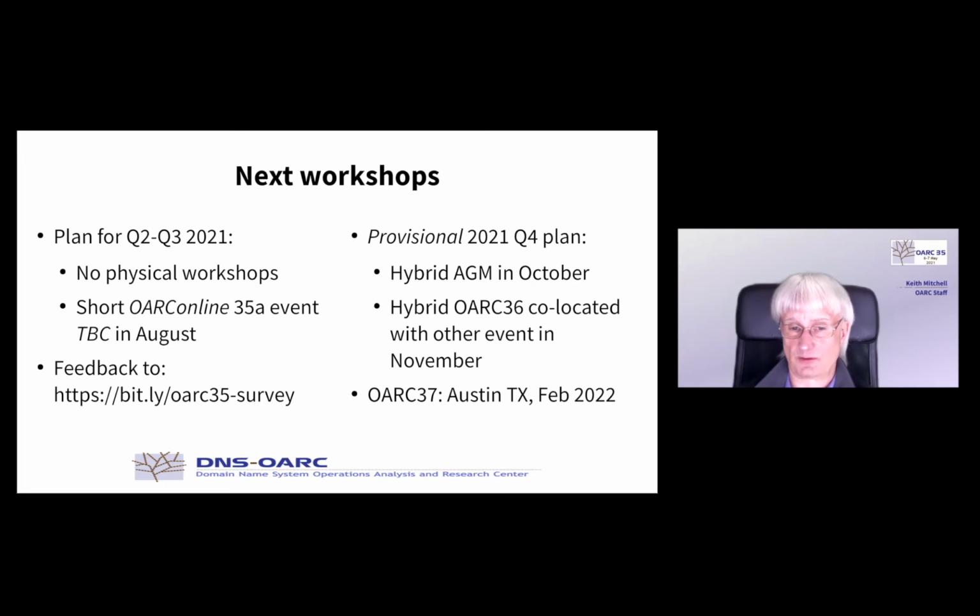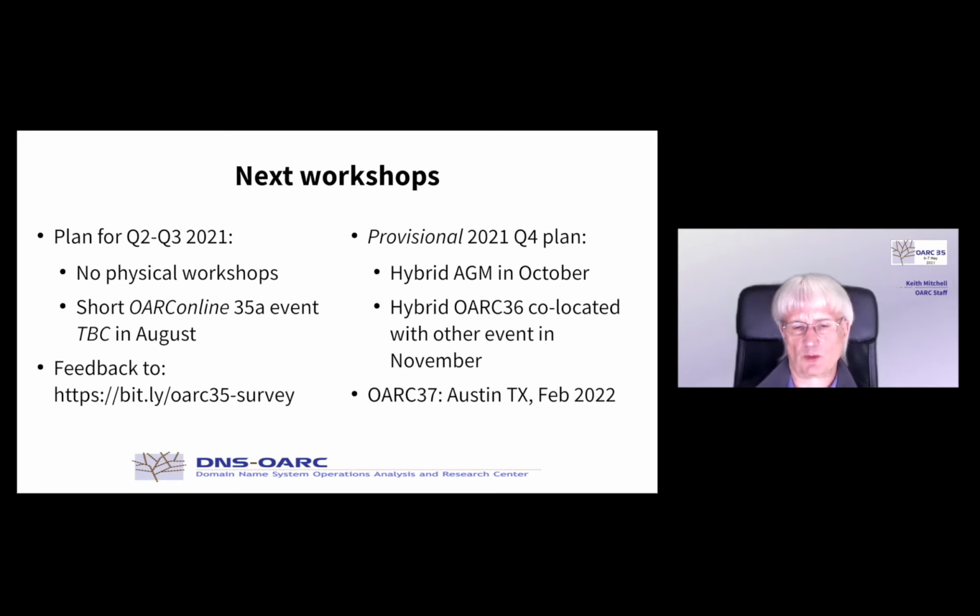The plan for Q4 is that the AGM we will be doing on a hybrid basis. Ideally, we do that in October and not make it too late in the year. And then all the good opportunities for doing the OARC 36 come up in November for various reasons. A lot of September and October, it's very difficult to get space anywhere.